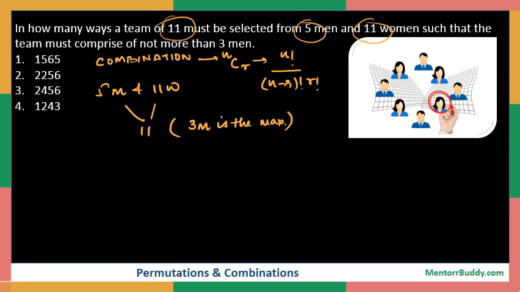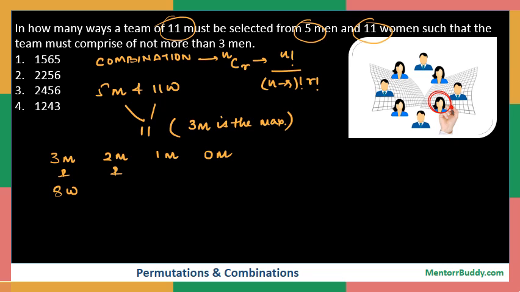So by keeping this condition in mind, we can form the logic. For example, we can have 3 men, we can have 2 men, we can have 1 man, or we can have no men. But we cannot have more than 3 men in the team of 11 people. Now when there are 3 men out of 11, obviously the remaining 8 would be women.